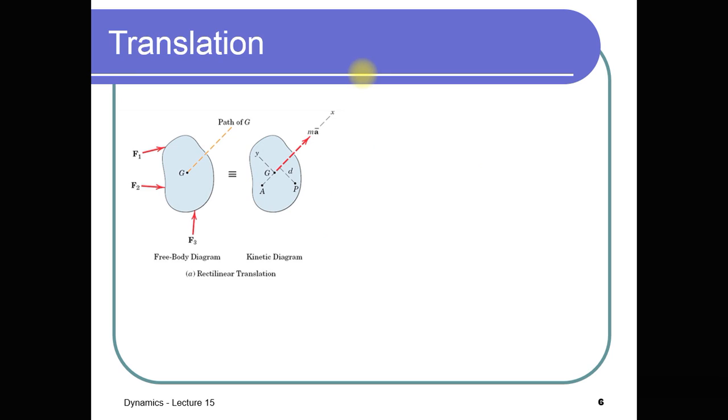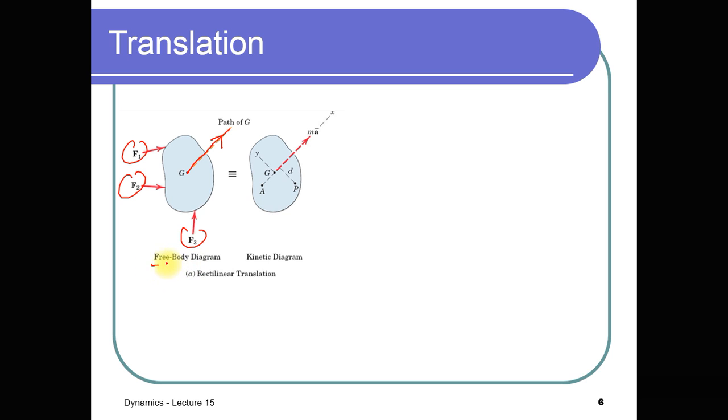Okay, in translation, we have several forces, F1, F2, F3 acting on the rigid body. Due to the several forces, the motion of the rigid body is in this direction, so this is the motion path.